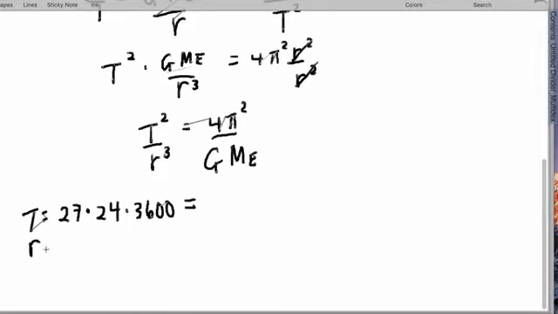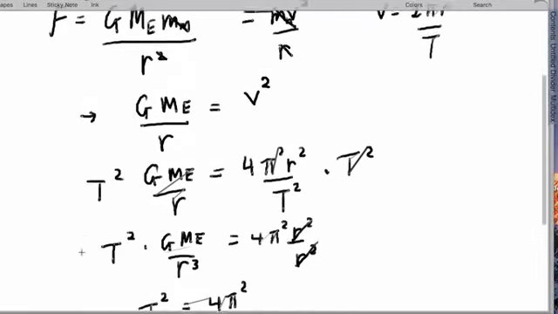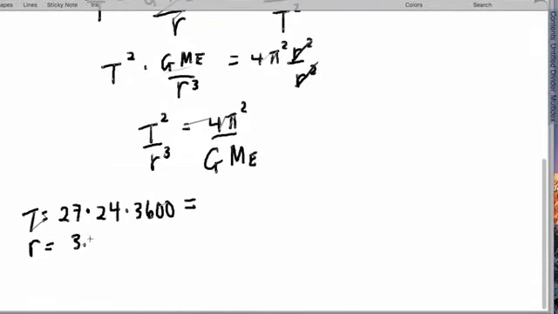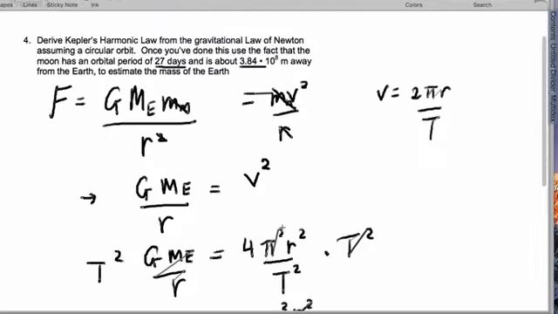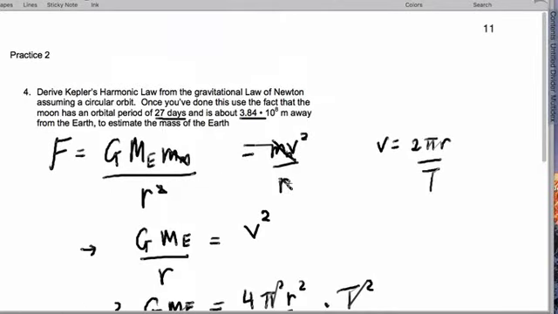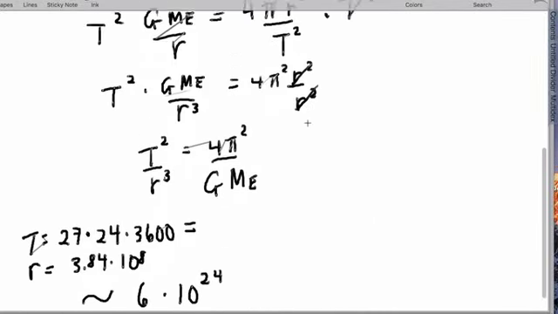And then the radius, the distance from the Earth to the Moon, is 3.84 times 10 to the 8th. So what I'm assuming is you should get something on the order of 6 times 10 to the 24th. So go ahead and finish that problem and let me know if that's what you get. So that is it for the circular motion and astronomy practice test.